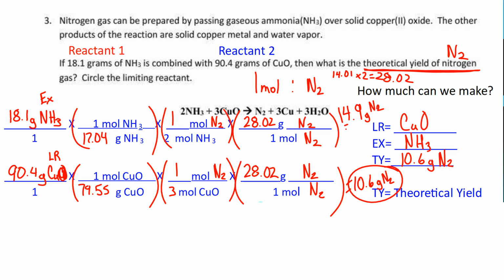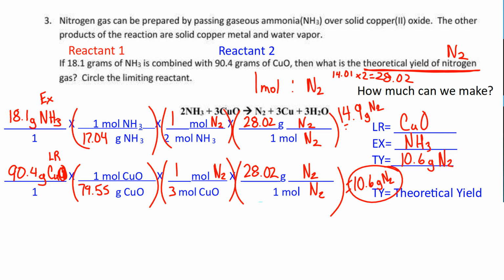Yeah, you're just comparing. You always look for the smaller amount produced. That's your theoretical yield. And then you look for which reactant produces that smaller amount, and that's your limiting reactant. Now, on the test, they can ask you for any one of those 3 answers.